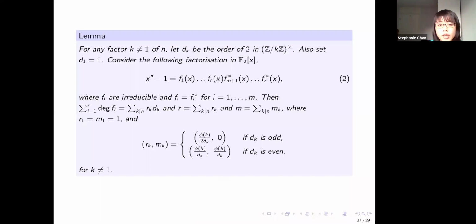So to get a general formula that works for all n, we need this lemma, which is proved by a simple Galois theory lemma.